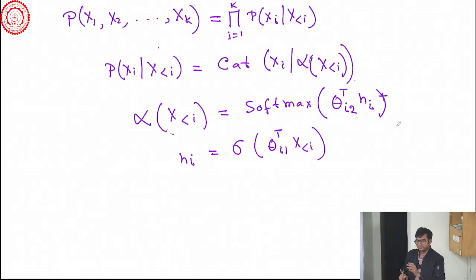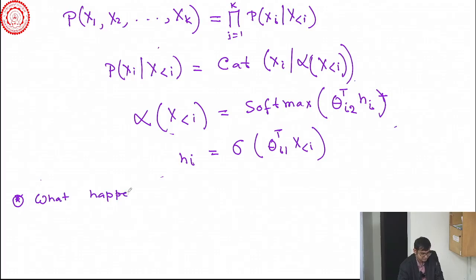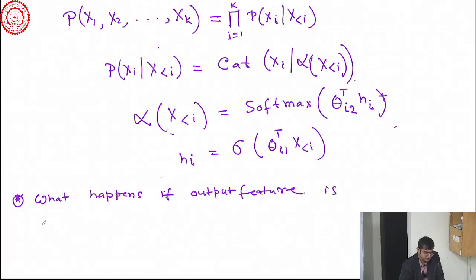Let us go to the next part, which is continuous. Right? So the next part is what happens if the output feature is continuous.